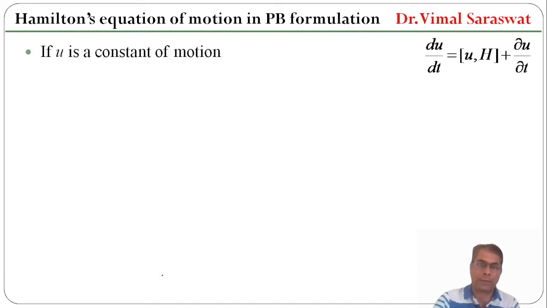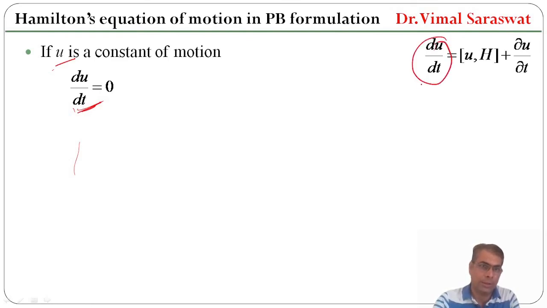If u is a constant of motion, so u does not depend on time, it means du by dt is equal to 0, because u is a constant of motion. Now we put 0 here, so the Poisson bracket of u and h plus del u by del t is equal to 0.